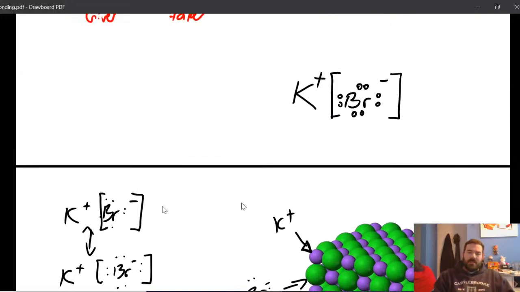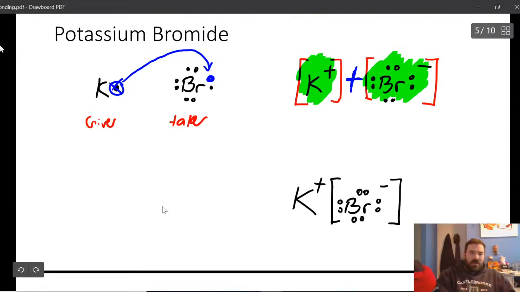One more thing I need to touch on. You might be asking, okay, well, if potassium has lost its electron and it has a full valence shell underneath now, when I draw the Lewis dot diagram, why aren't I drawing the 8 electrons that are remaining underneath? It's because when we draw Lewis dot diagrams, we only ever draw the valence shell that would exist in the neutral atom.